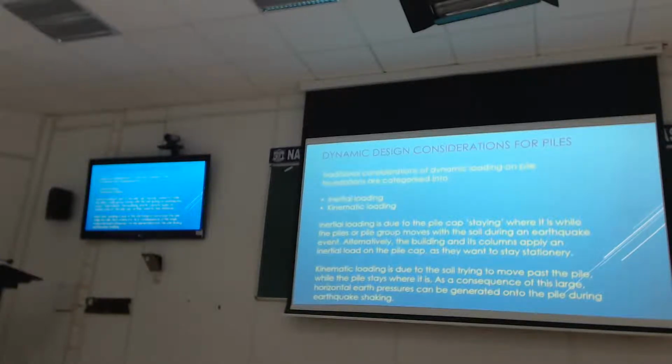The first one is the inertial loading. And in some ways, it is easier to work out the inertial loading on piles. And this is because, of course, the piles are carrying a structure on the top.